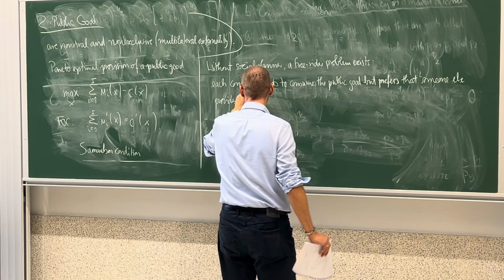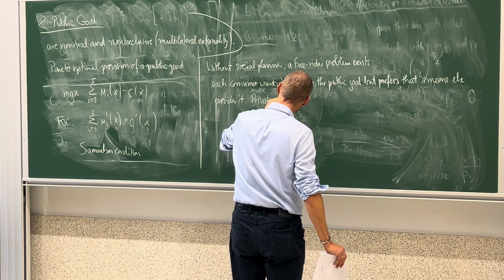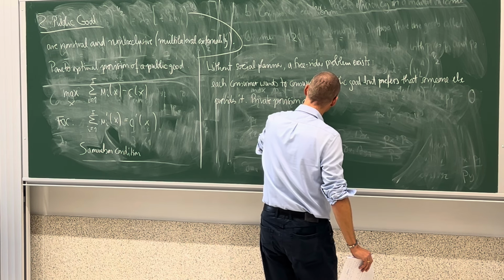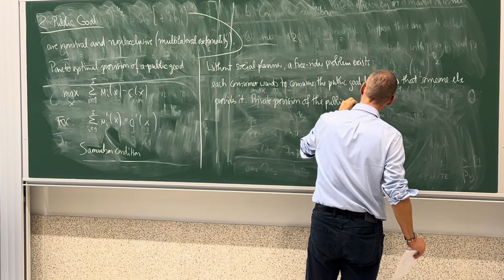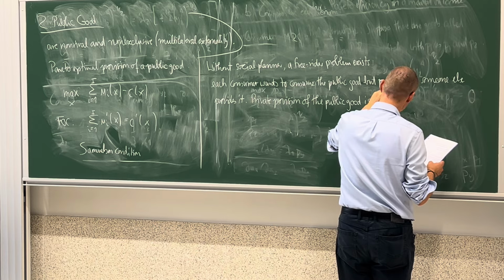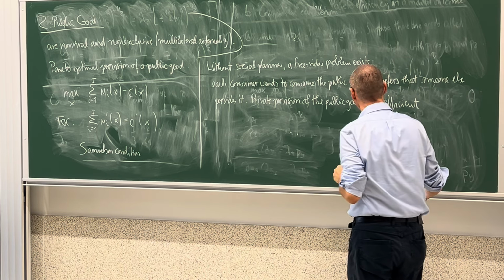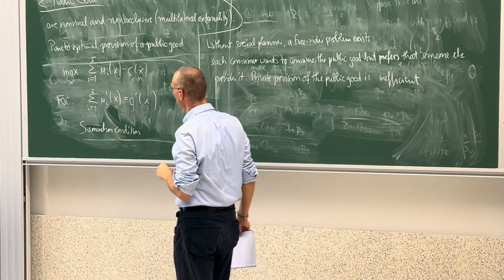But private provision of the public good is inefficient. What is the private provision of the public good?